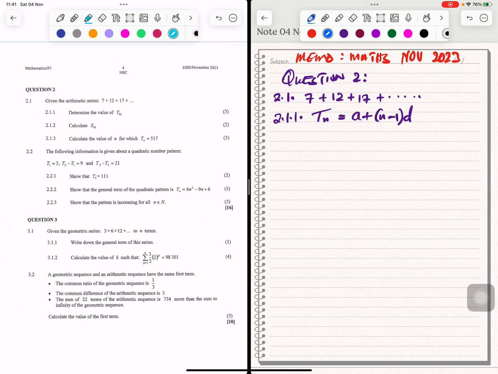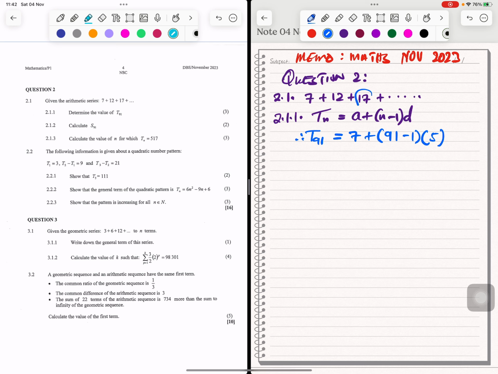So now I'm going to say to myself, T91 is equal to a, where a is the first term of the pattern, which in this case is 7, plus n, where n is this value here of 91, take away 1, multiplied by the common difference between two successive terms, which in this case is 12 minus 7, and that gives you 5.